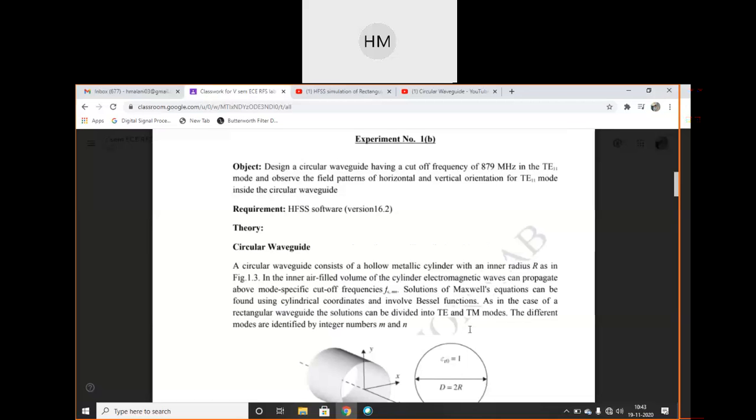We have seen rectangular waveguide, how the wave propagates, what is the electric field, where the intensity lies maximum, where the intensity is minimum. We have seen its vector field, we have seen its magnitude. Till this lab started, you had just seen all these things theoretically.